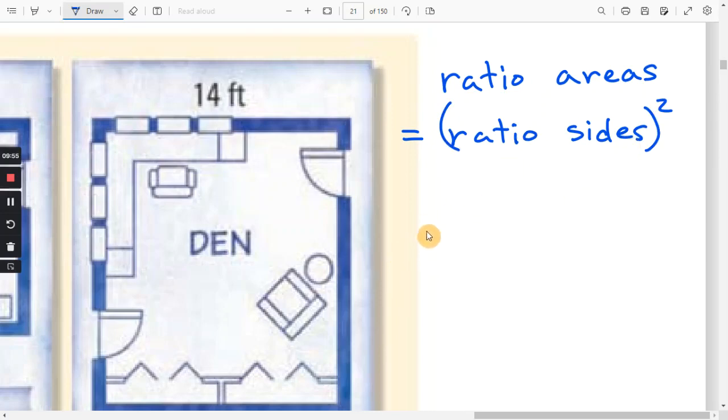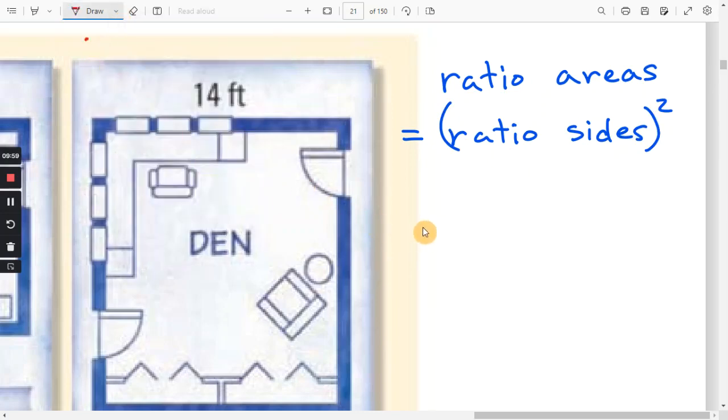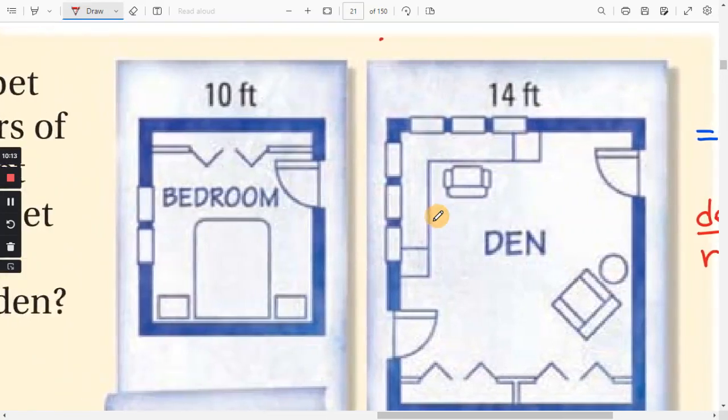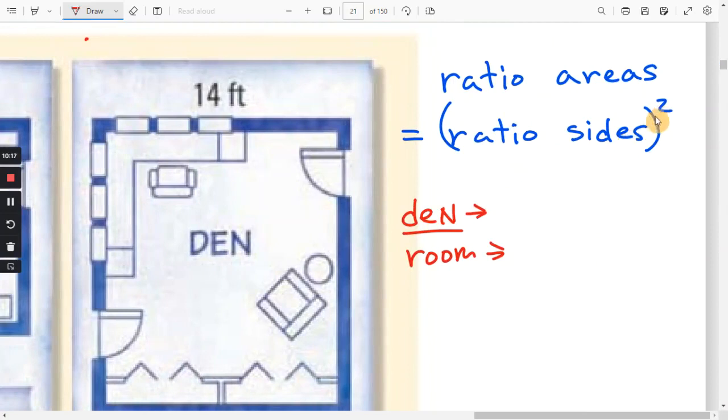All right, so the ratio of the sides. We'll do the larger one in the numerator. It doesn't matter. We'll do the ratio of the den divided by the bedroom. I mean, the side length of the den. So the side length for the den, this is the den, is 14.